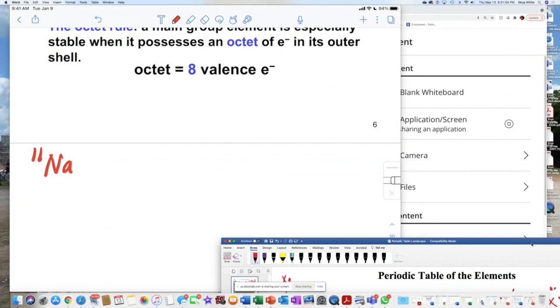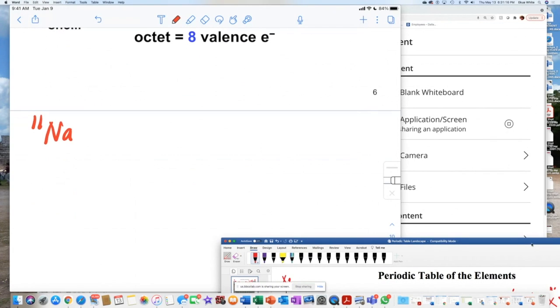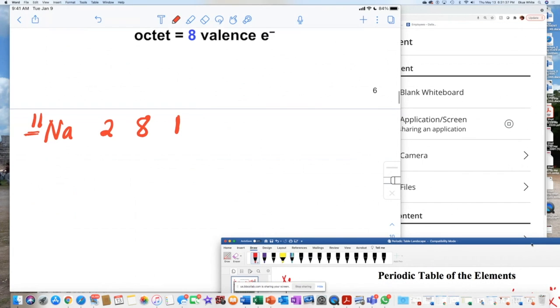I'm going to use the energy level diagram to show the electrons distributed or sorted around sodium. So they're usually sorted in this order. 2 electrons on the first energy level, 8 on the second, and based on the number of electrons that sodium has, 1 will be on the third energy level. They tend to use this in biology, and I'm kind of stealing from biology because this is the simplest way I know how to explain this, okay?